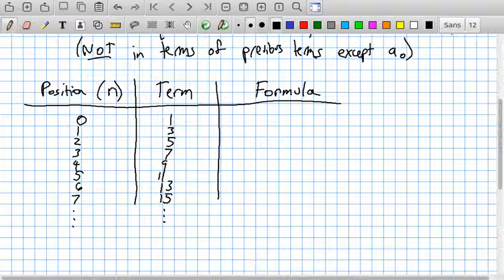So how do I get from one to the next? Let's put the difference in as an intermediate row. We know the difference between adjacent terms is 2. 1 plus 2 is 3, 3 plus 2 is 5, 5 plus 2 is 7, 7 plus 2 is 9, and so on.